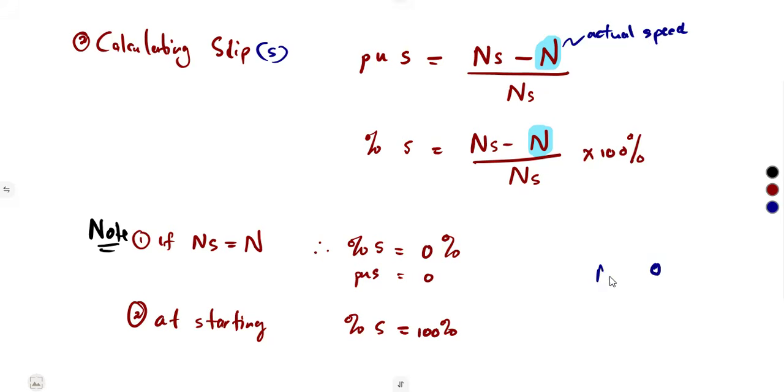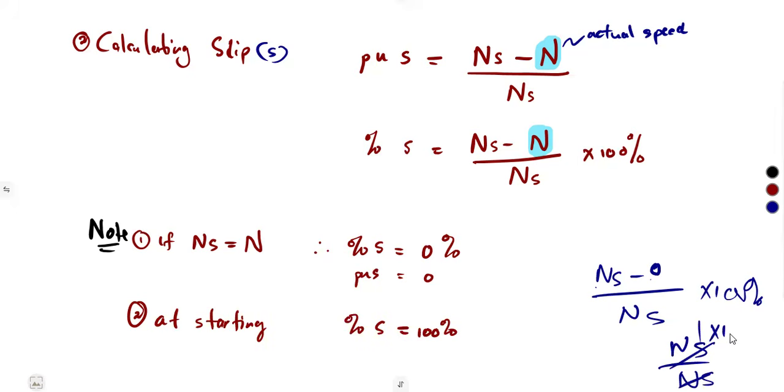Any speed of the rotor there is zero. So meaning to say it's going to be NS minus 0 over NS times 100%. So what are we going to have? NS minus 0 means NS over NS. This will cancel, which will give us 1. So 1 times 100% is 100%. So this is the condition of starting, where our N is equal to 0.